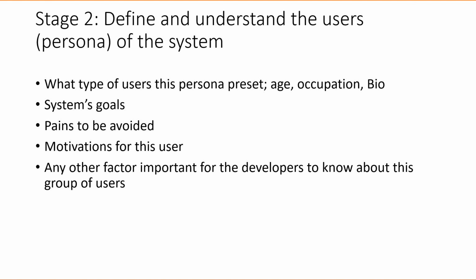So what type of users this persona possesses: age, occupation, biography, the system's goals, the pains to be avoided in terms of the system, will be easier to use, will be easy to find the information, will be easier for the user to set a command, and any other factor important for the developers to know about this group of users.